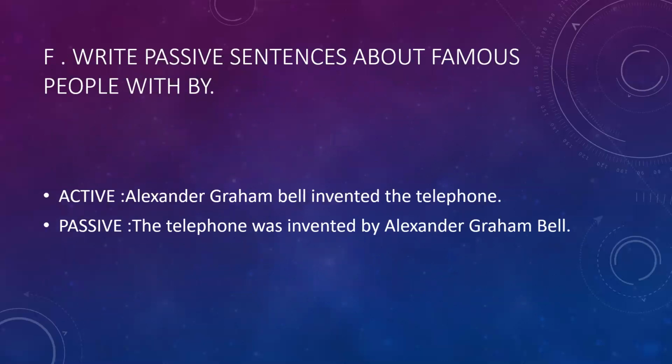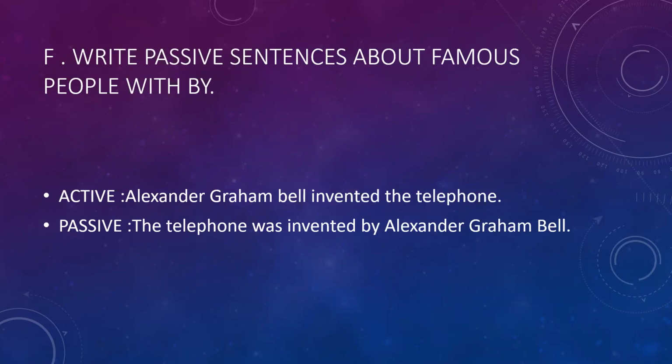Next one is: write passive sentences about the famous people using by. Now the famous people here are Christopher Columbus, Alexander Graham Bell, and Leonardo da Vinci. So you have to make the passives using the information given in active sentences. Christopher Columbus discovered America.